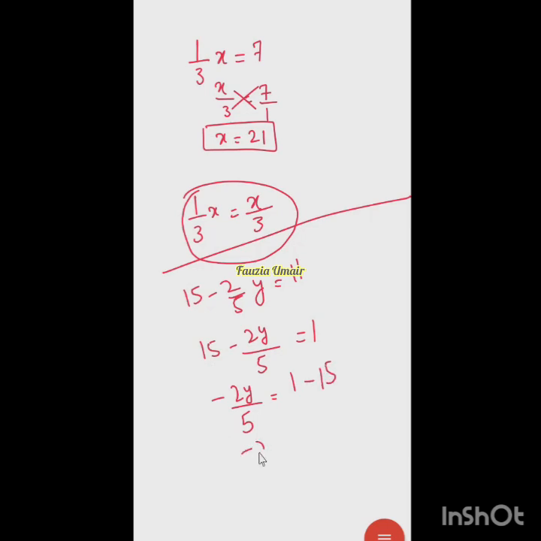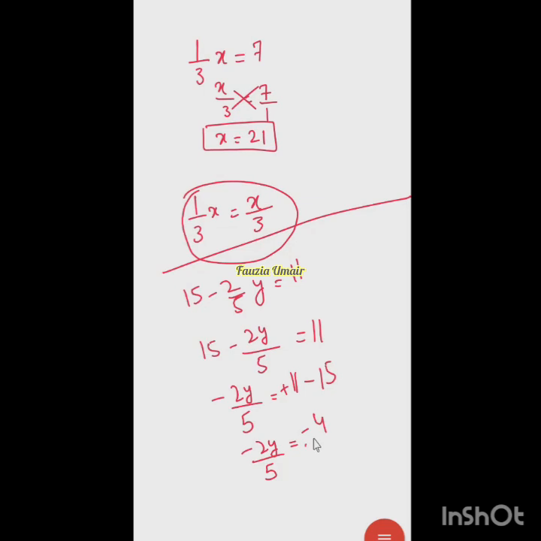So now minus 2y by 5 is equal to, Ma'am, what is 11 minus 15? Sorry, it was 11. So what is 11 minus 15? Minus 4, right?